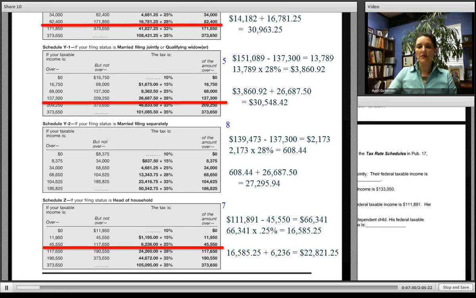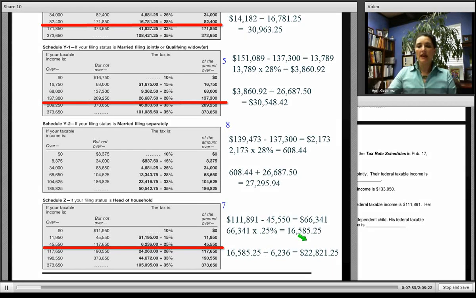We start off with a head of household filer whose income is $111,891. That is, her taxable income is $111,891. We go to find that line on the tax table, and 111 is somewhere between 45 and 117. So we subtract 45,550 from 111,891, and we get 66,341.